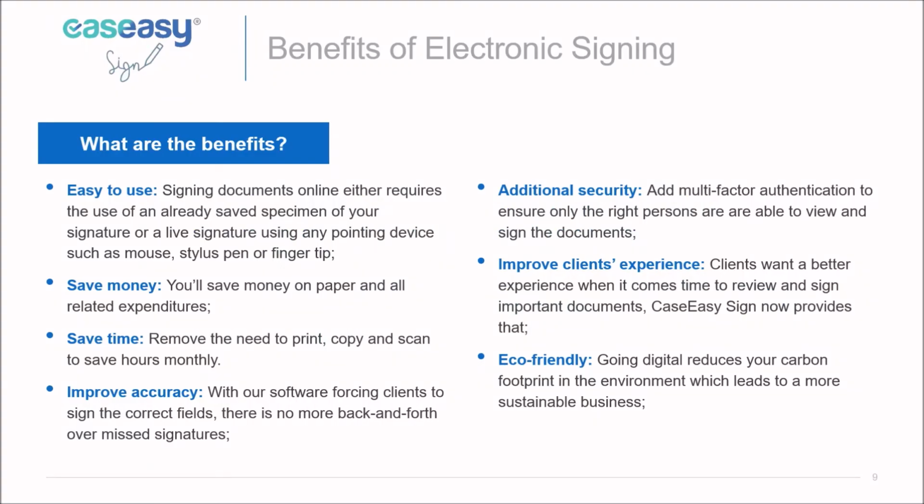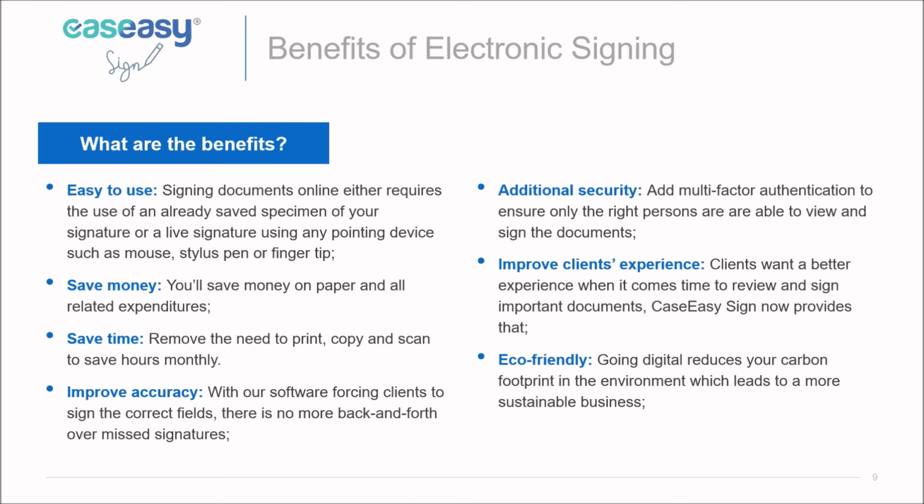So let me run through some of the core benefits of adopting an electronic signature solution: it's easy to use, right? As you saw there, the client literally would have taken a few seconds to add their signature, right? Very easy, and that's one of the key things that's going to help to improve the entire experience.